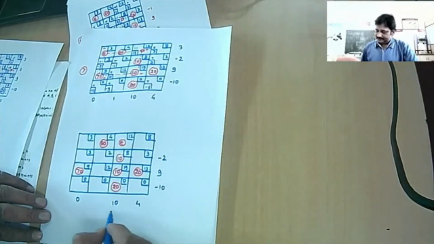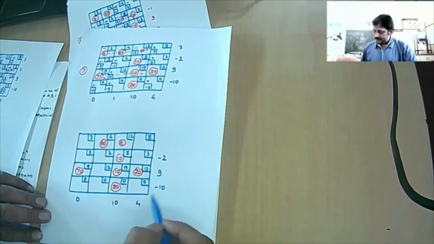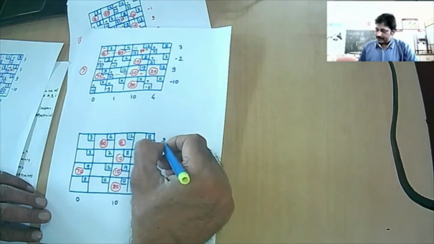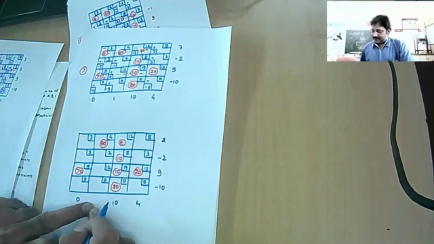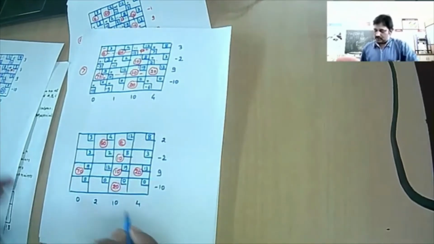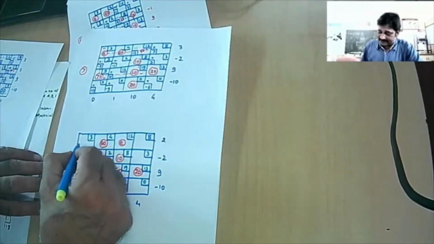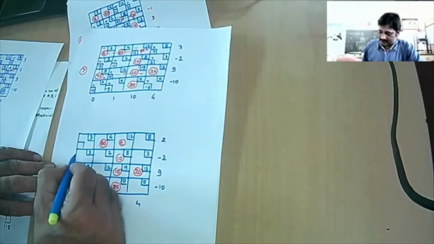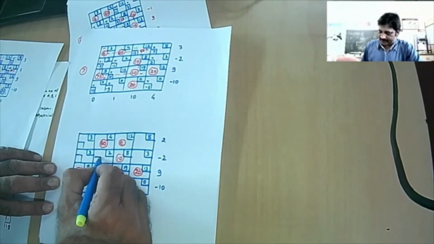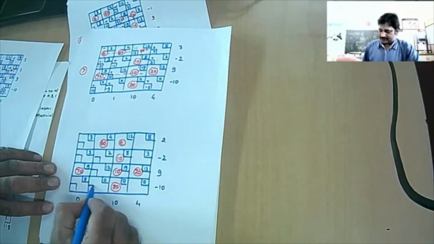Then, can I get any more numbers? Yes, here 12 minus 10, 2 here, and this number I am yet to get. 4 minus 2 is 2. All right. Then for empty cells, I'll be finding the implied cost of transportation, right?